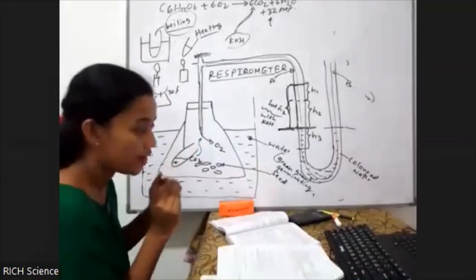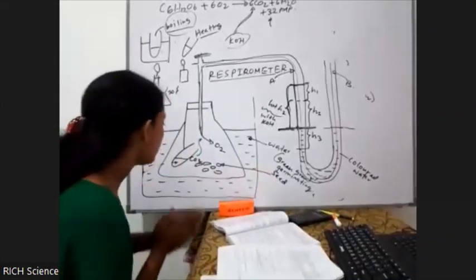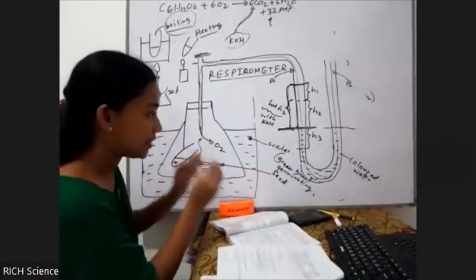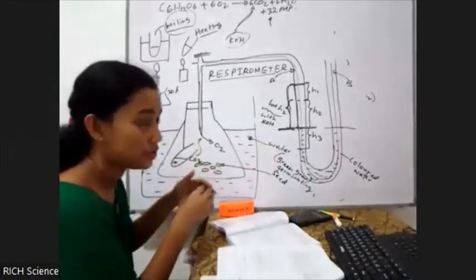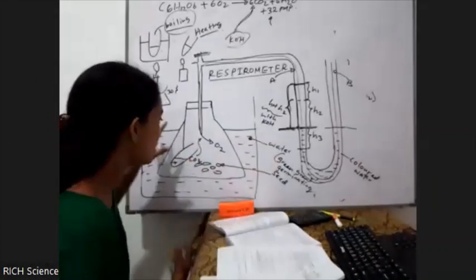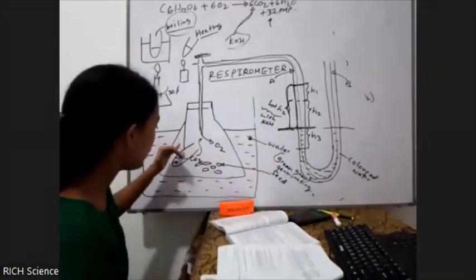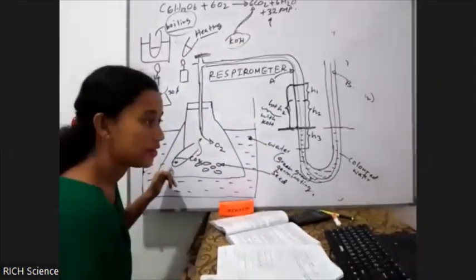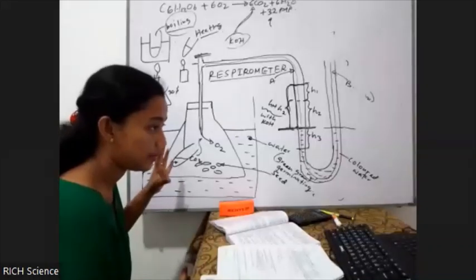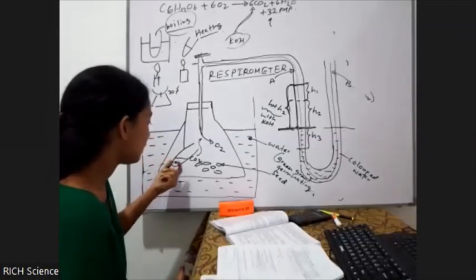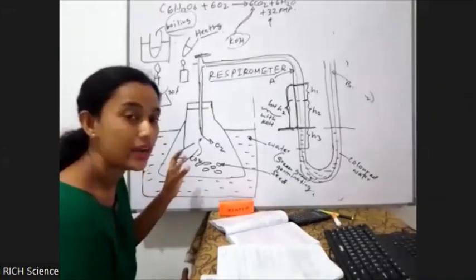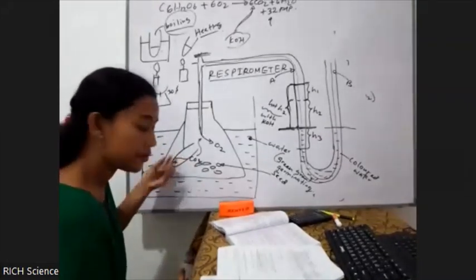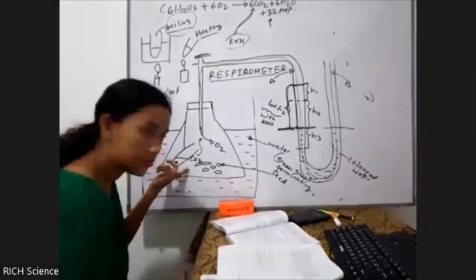We have to do the practical in the same way, with potassium hydroxide and without potassium hydroxide. In the method we use the potassium hydroxide solution, not solid or liquid. We have to use potassium hydroxide solution.